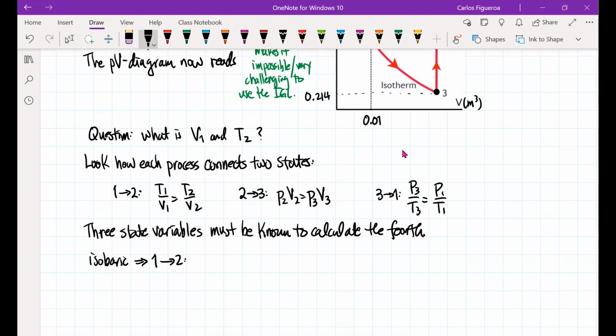So you could see that I need T1, V1, T2, V2. So T1 is known. V2, these guys are known, but you're seeing that I have T2 and V1, they're unknown. So I can't solve for this. So this is impossible to solve.